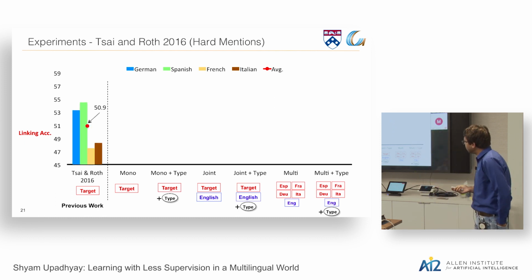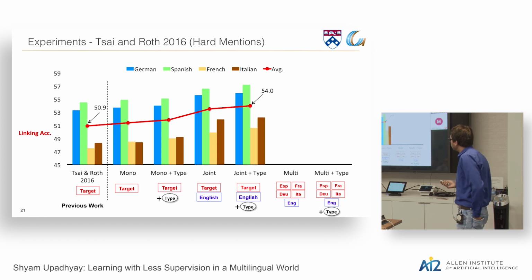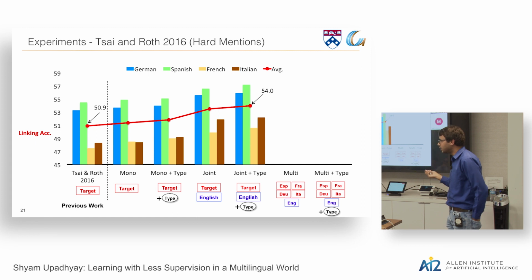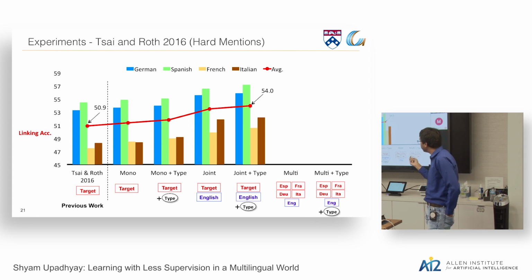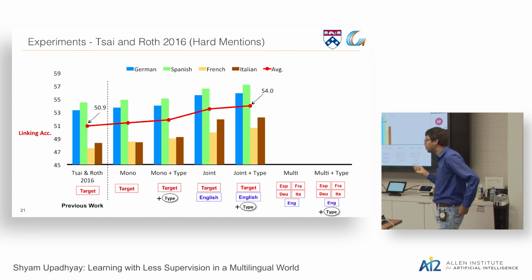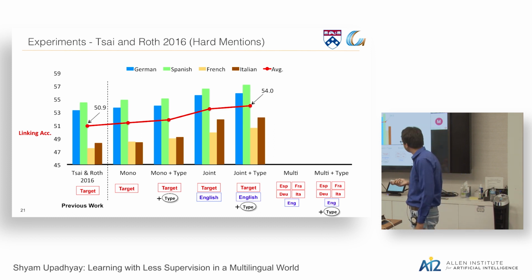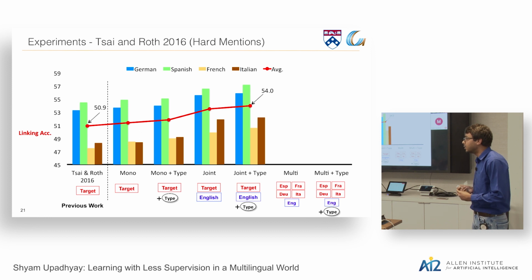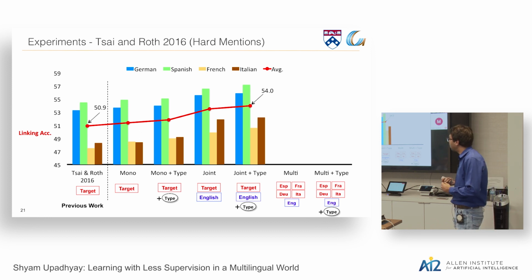So the first thing that we would notice is that using the joint supervision from English improves significantly on the monolingual model. Another thing to notice here is that incorporating the type loss both in the monolingual model as well as the joint model improves performance. And in fact, we improve significantly on the previous state of the art, which was the Sil and Roth model itself.